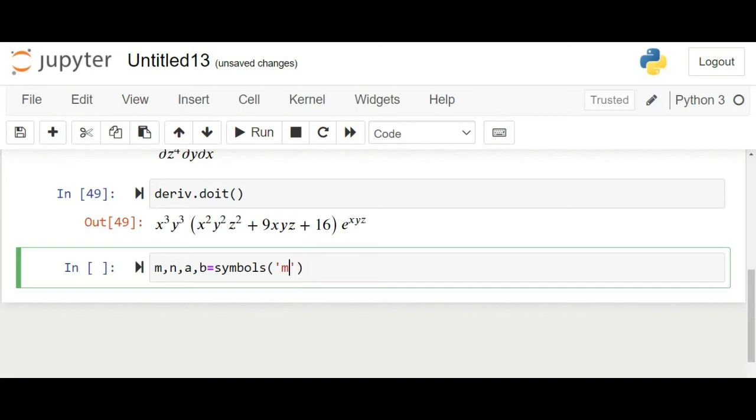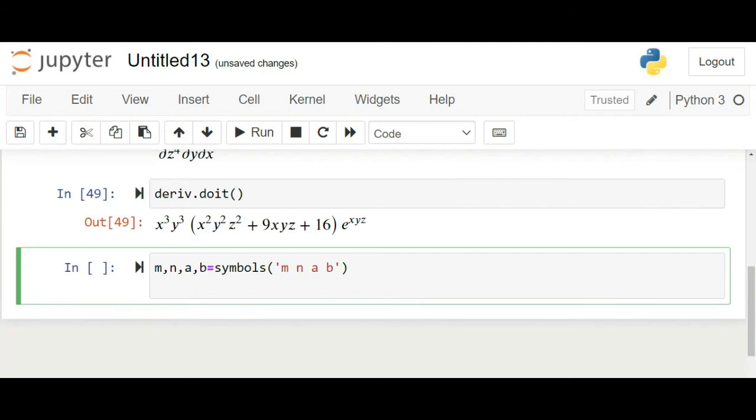But if you write m n a and b, then the expression is equal to, inside the parenthesis we shall write a multiplied by x plus b, and then we shall write m.